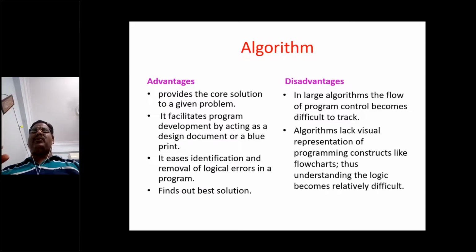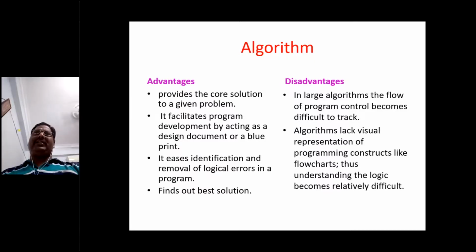It is highly impossible to put a pen on paper and write all those 1,000 steps, and it is highly difficult to trace them at some point. So in order to overcome these things, they came up with flowcharts. Fine, no problem. But one of the disadvantages is that dealing with a complex algorithm is a difficult task in tracing out the instructions.